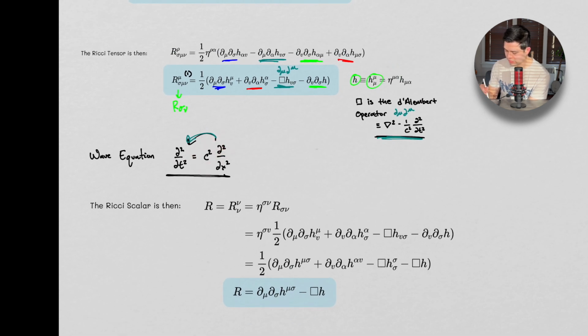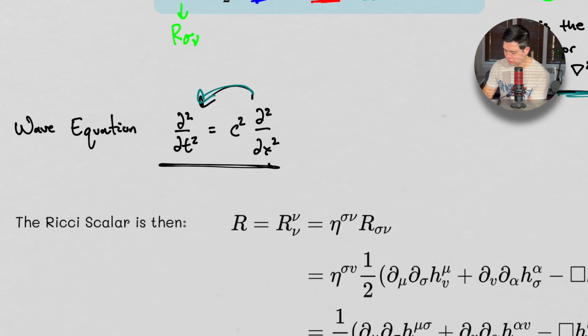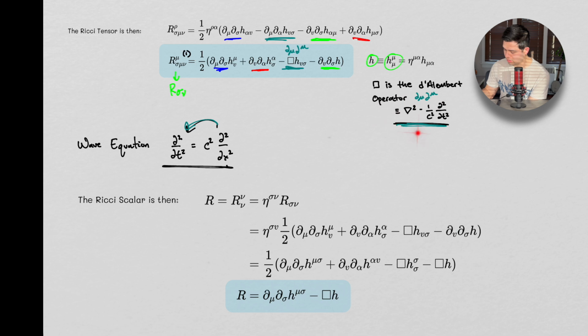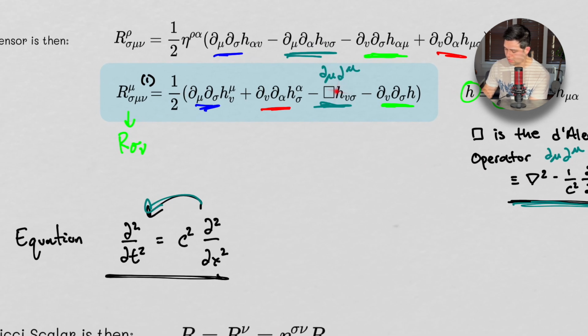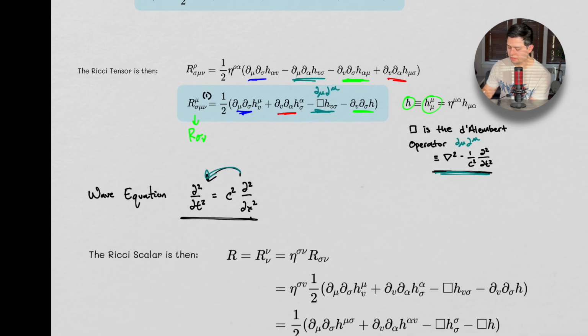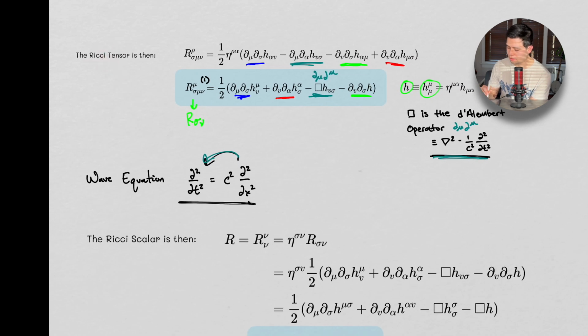When we subtract this from both sides of the equation, we get something that looks like this, okay? So this is quite interesting, right? Because what we're now seeing showing up in this Ricci tensor is something that looks like a wave equation, okay?